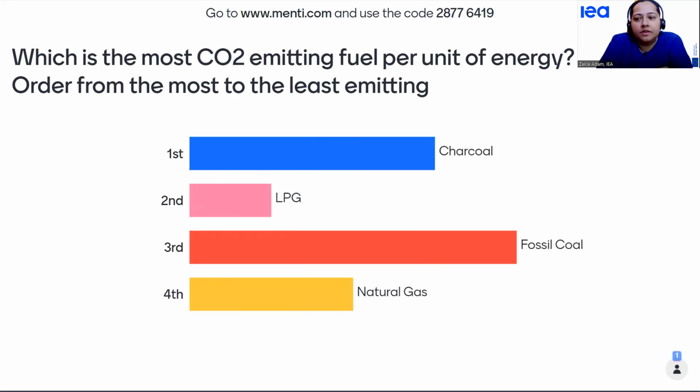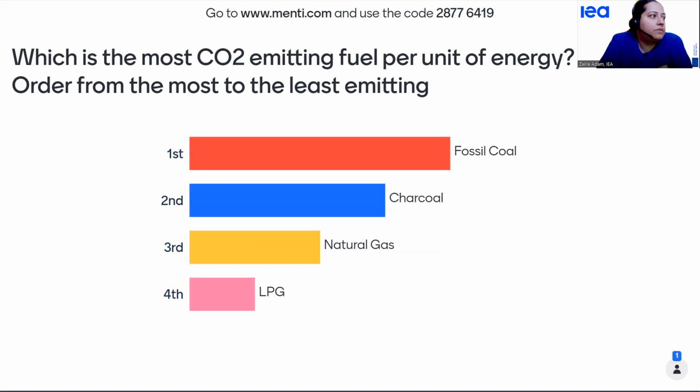So here, think about the different fuels. Liquefied petroleum gas is an oil product.